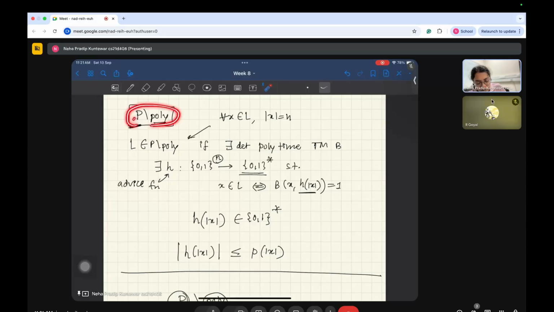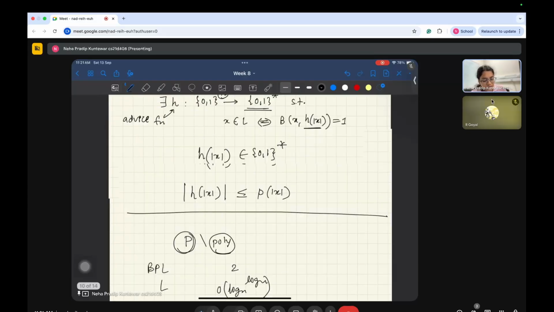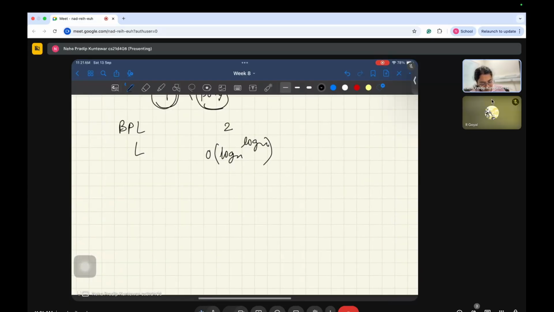But we'll be interested particularly in P/poly, because it has this nice characterization that P/poly is the same as P-size, which is the set of all poly size circuits.